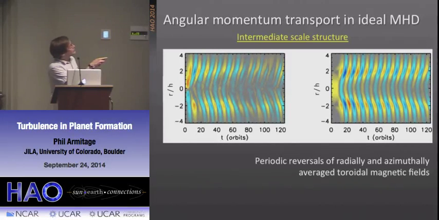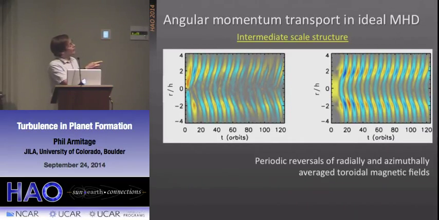This is not R, this should be Z. So this is height above the midplane in scale heights, plotted as a function of time. And the blue and yellow colors represent toroidal field of opposite sign. So what you see here is periodic reversals in the magnetic field in the midplane of the disk, or in the simulation box.